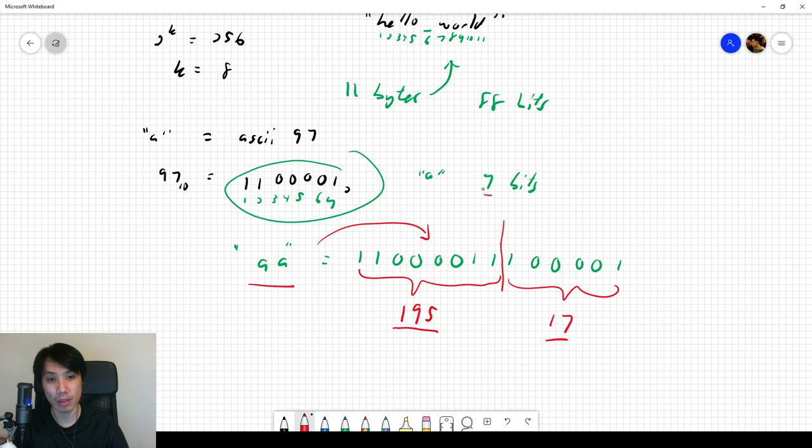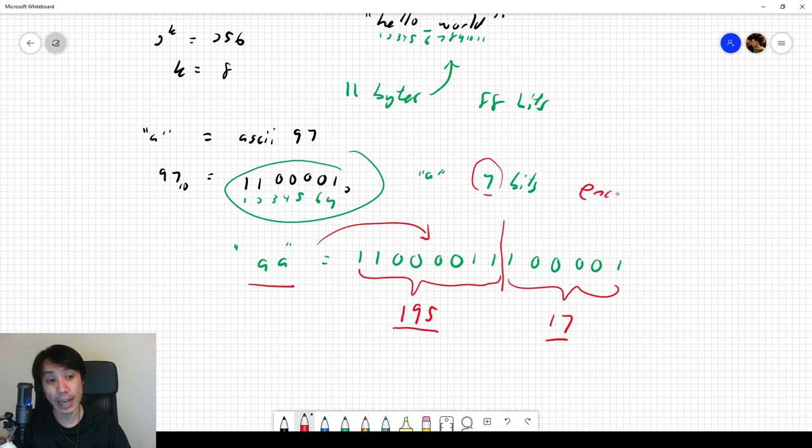And because I know A is 97, I can only use 7 bits. I can save a lot of space, right? Because I'm saving 1 bit per character. So if I have AA, I'm saving 2 bits. If I have a very long paragraph, I'm actually saving a lot of bits, right? So if my dollar sign is 36 and so on, the number of bits which you require is actually less.